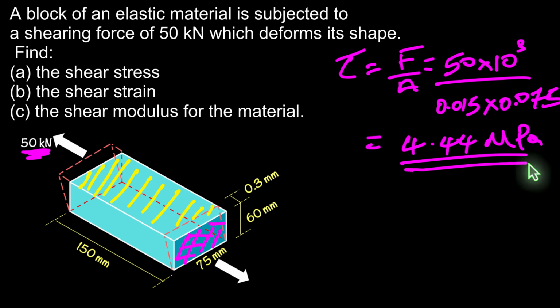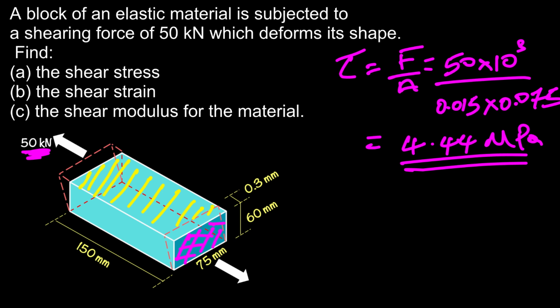And now for the shear strain, this is another area that tends to be very elusive for some people, so I'm going to break that down for you to understand fully. Now, once again, with the shear strain, it's very important for you to differentiate shear strain versus direct strain.